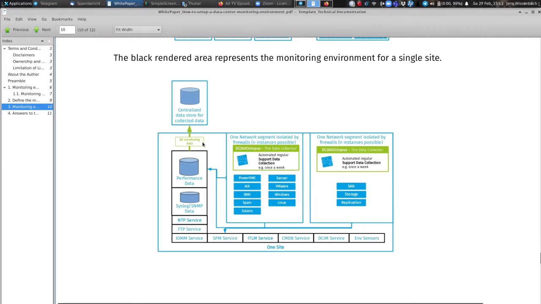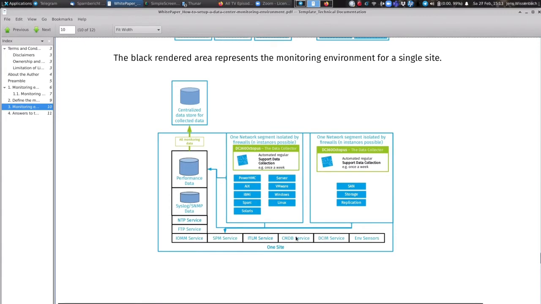What we recommend is one server or virtual infrastructure per site that contains all of the different monitoring tools, and this includes ITLM services, license management services.